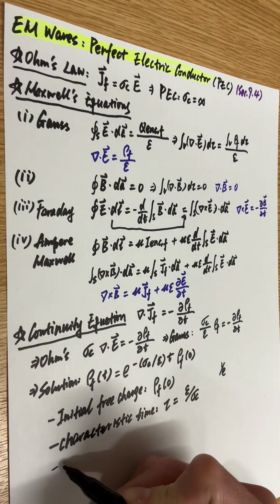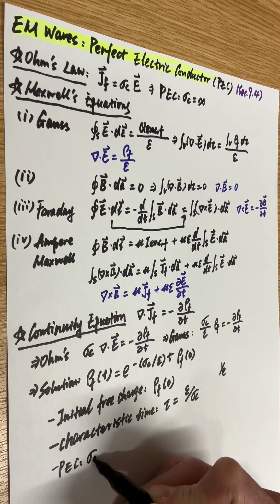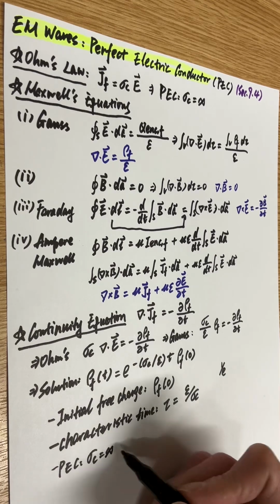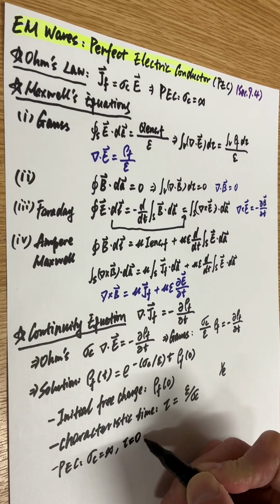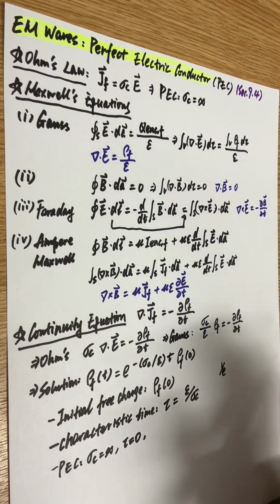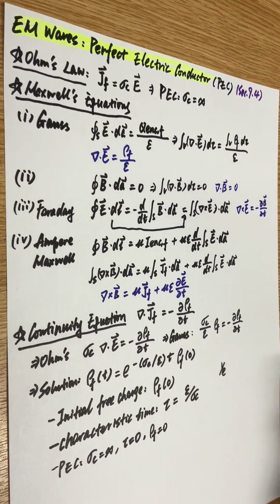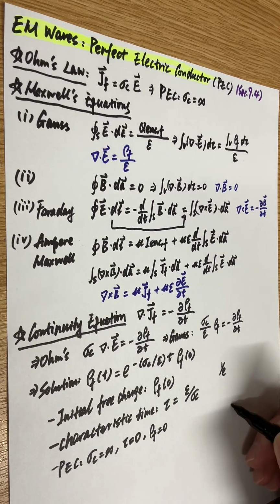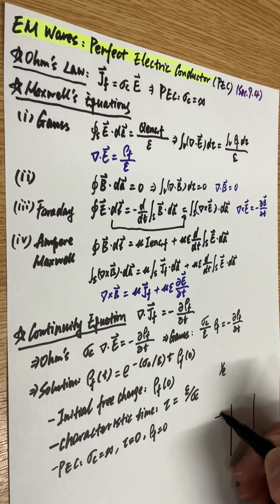Now, if we really have a perfect electric conductor, we will have conductivity equal to infinity, and then we have tau equal to 0, and then pretty soon we lose charge almost immediately. So we have rho F equal to 0. So remember what happens to the conductor when we have an external electric field.